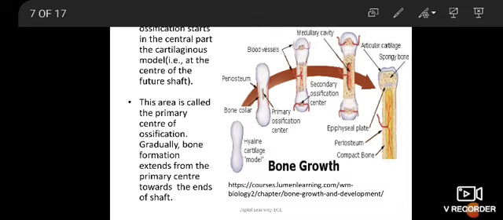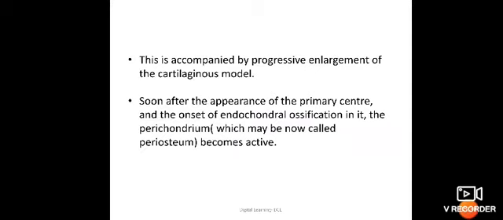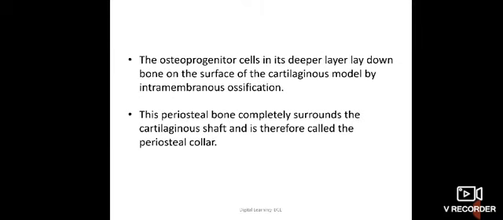In the third picture, the secondary ossification is seen. This is accompanied by progressive enlargement of the cartilaginous model. Soon after the appearance of the primary center and the onset of the endochondral ossification in it, the perichondrium, which may be now called as periosteum, the membrane which covers the bone, becomes active.